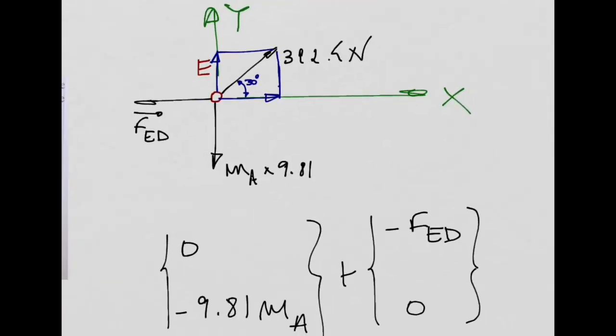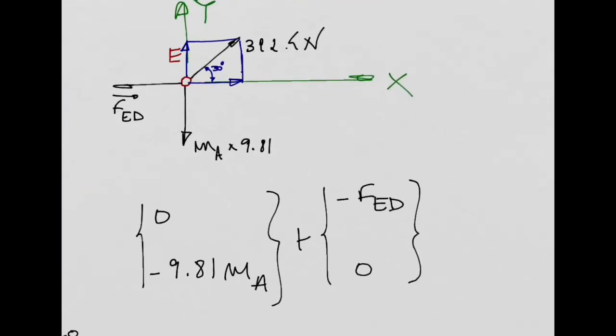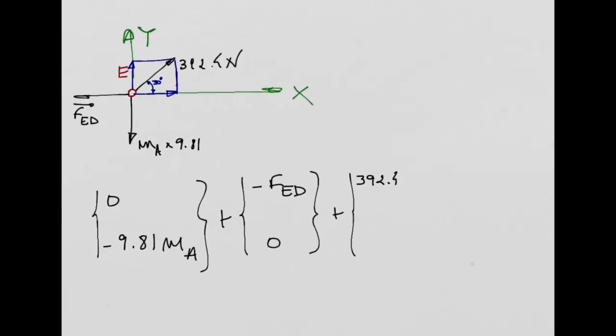So let's start with the horizontal one. How much is the horizontal? You tell me. 392.4 times cos 30.